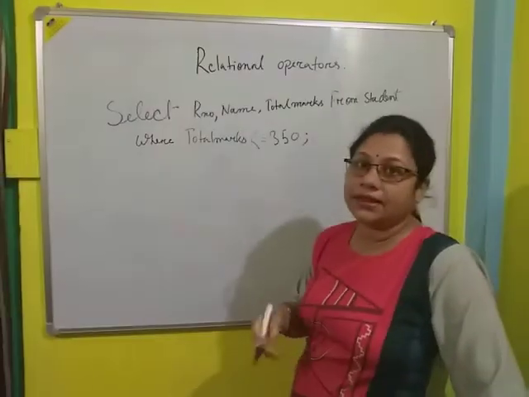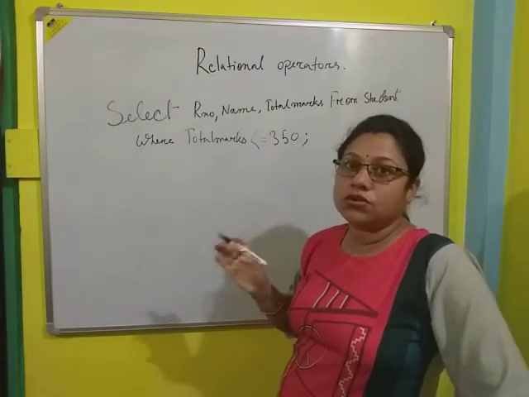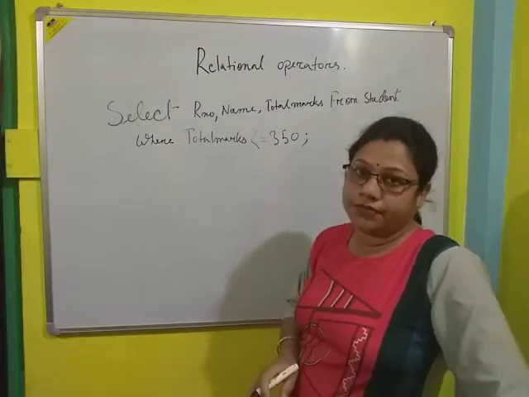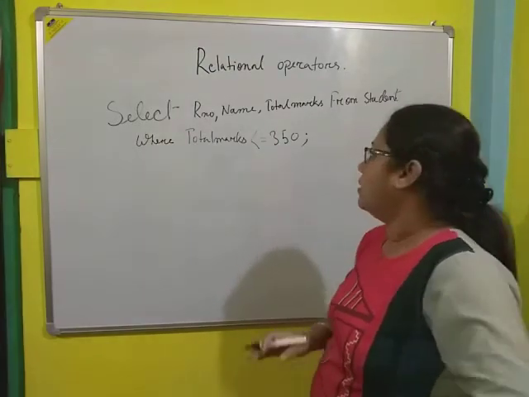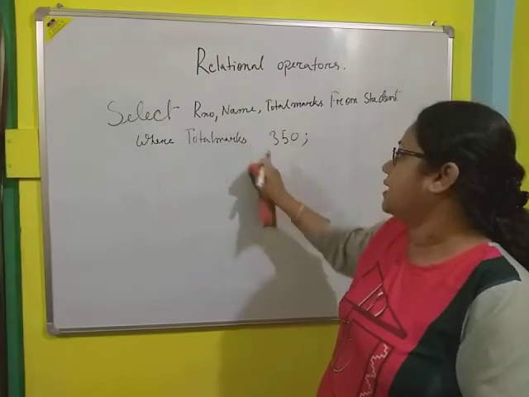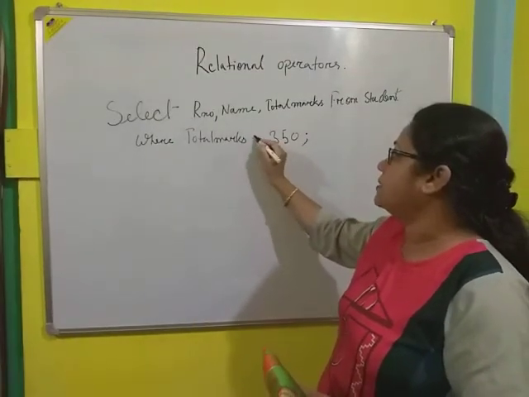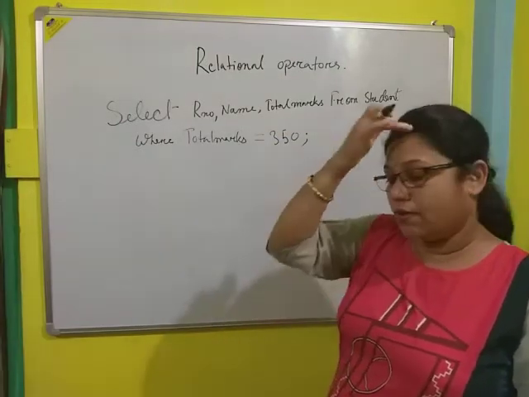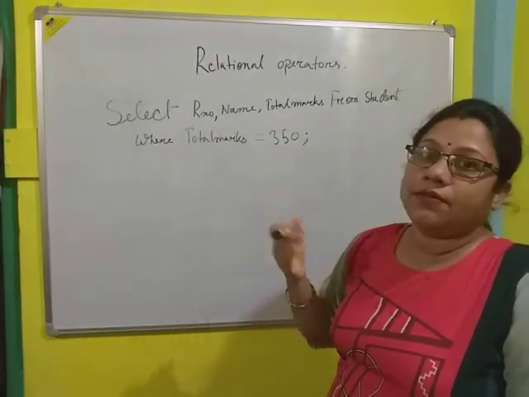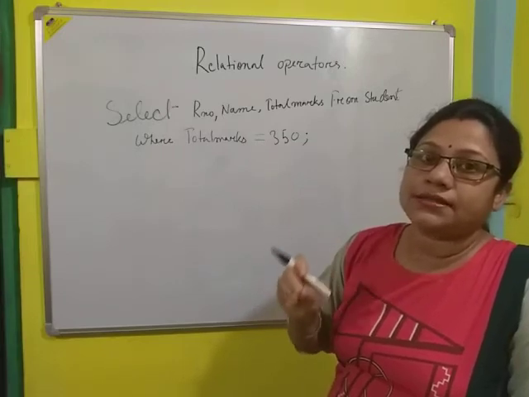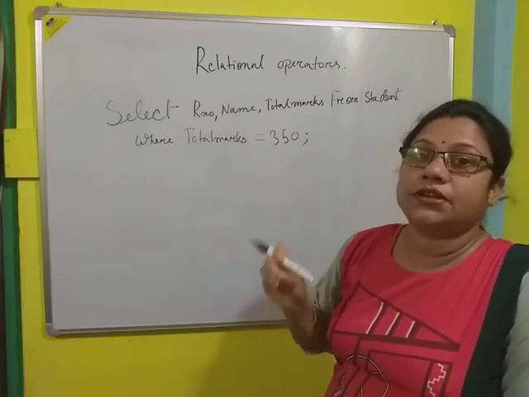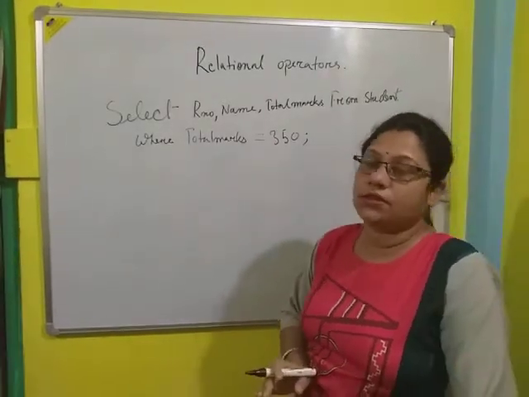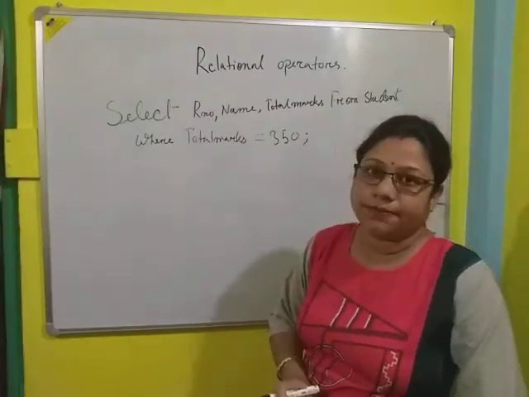Then it will display the students whose total marks are less than or equal to 350. Or you can use the equal symbol also. If we use the equal symbol here, then the computer will display the names of the students whose total marks is equal to 350. So this is the way through which you can use the relational operator.